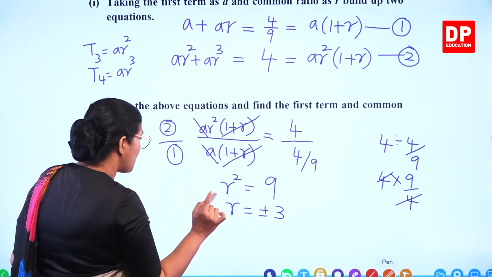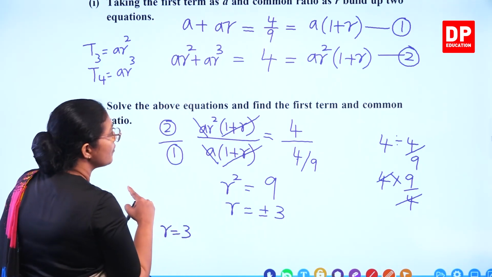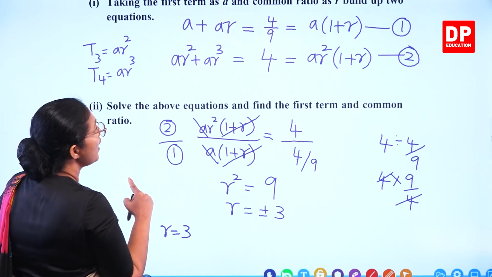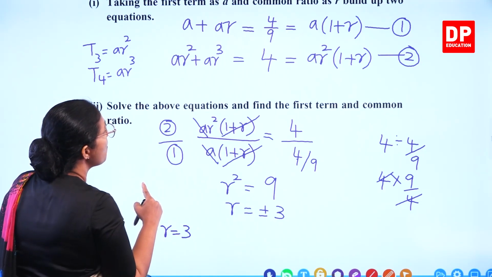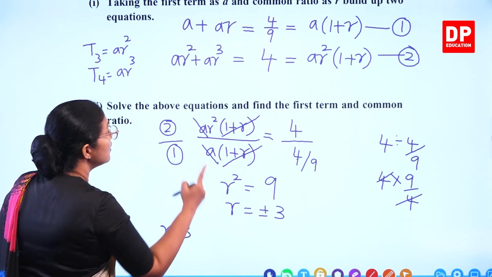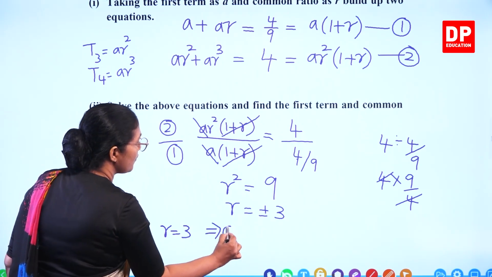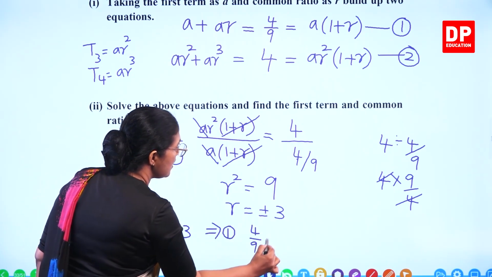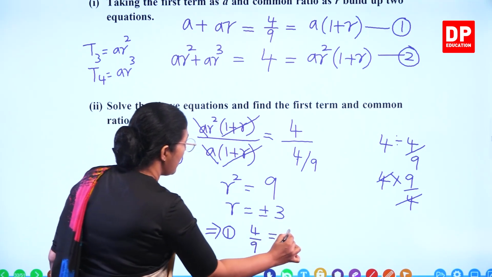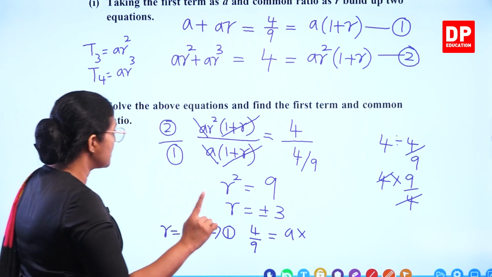When R equals positive 3, what's the value of A? You can use the first equation. Which one is easy? First equation, you get fractions. So 4 over 9, we'll take the first one. 4 over 9 is equal to A into 1 plus R. 1 plus 3 is 4.